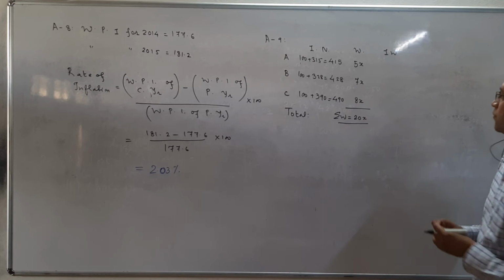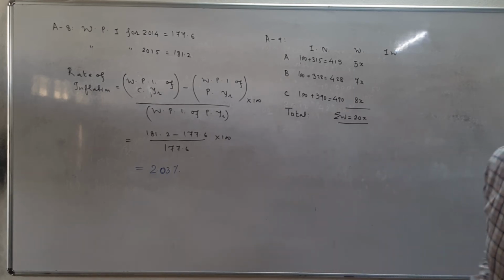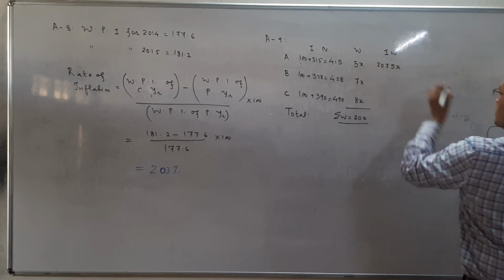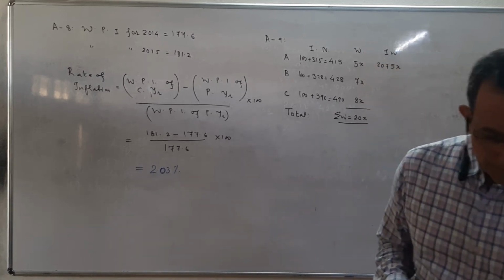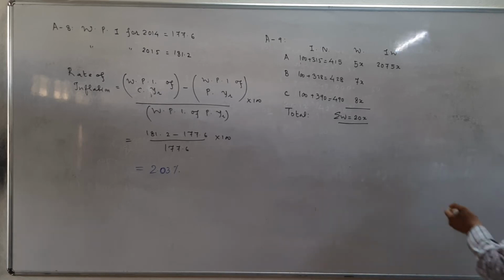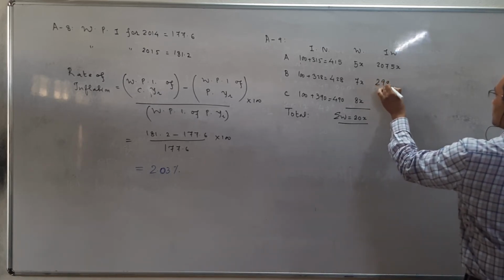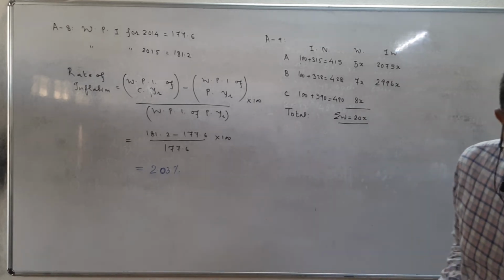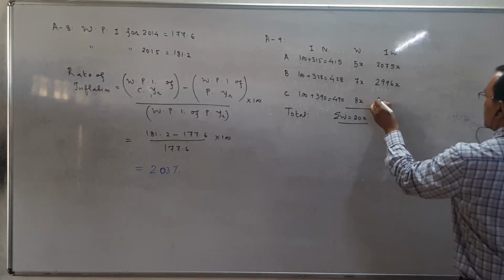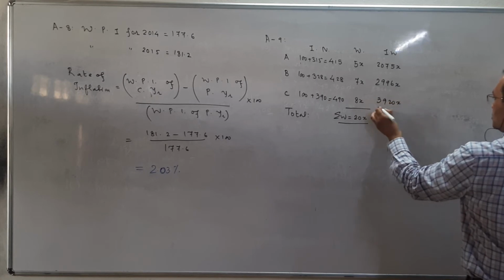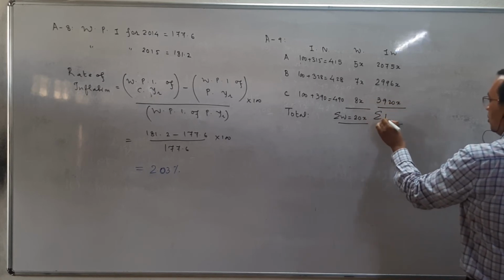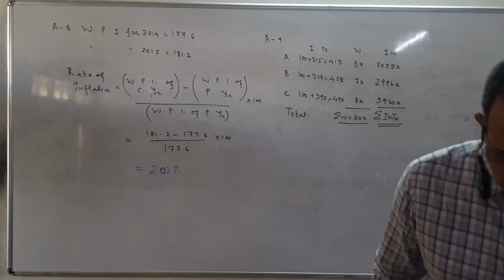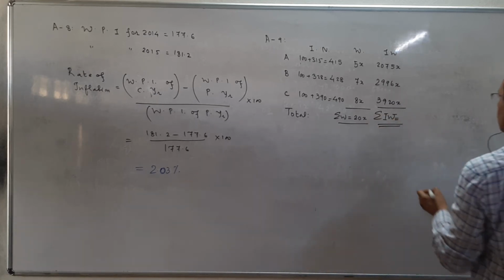Now IW: 415 into 5x, 2075x. Then 428 into 7x, 2996x. And 490 into 8x will give us 3920x. So this total of IW works out to be 8991x.